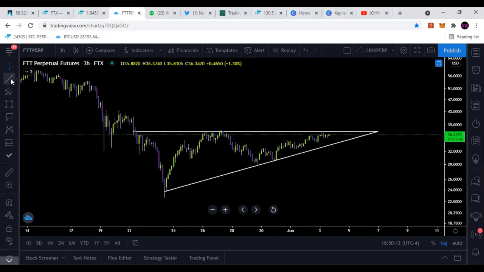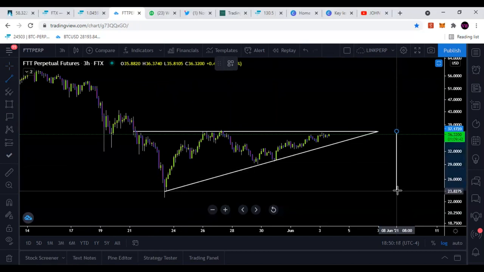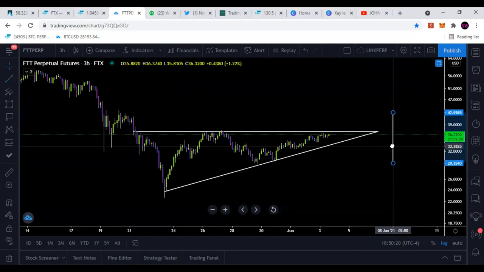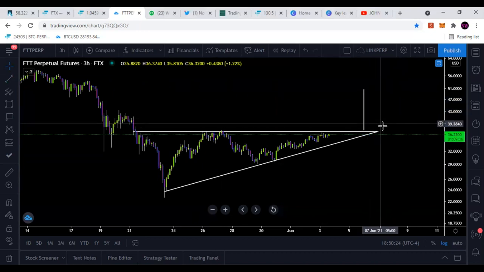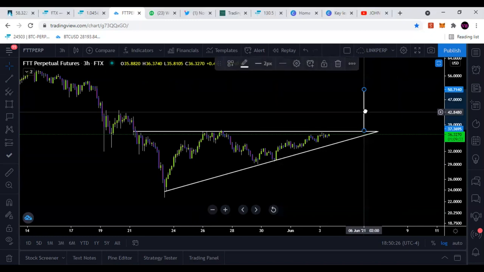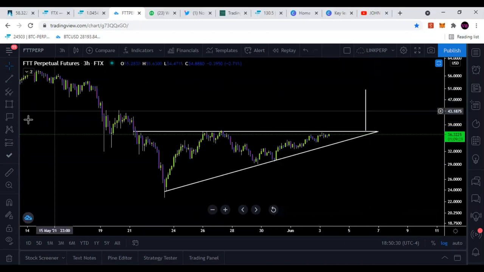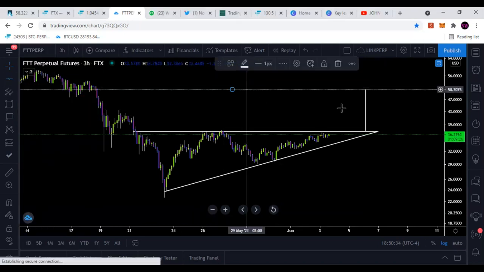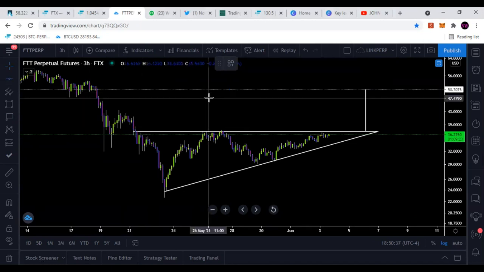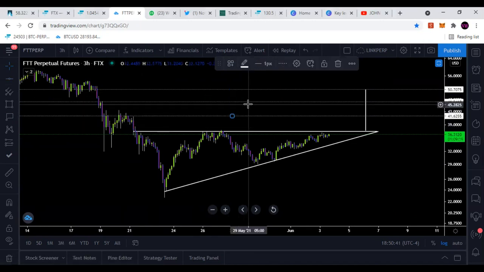So to take the targets, we're going to take the height of this from the top here down to this level, drag this and drop it at the top of this. So now I'm going to drop this line to see the final target here, and we're going to split this into 1 and 2.